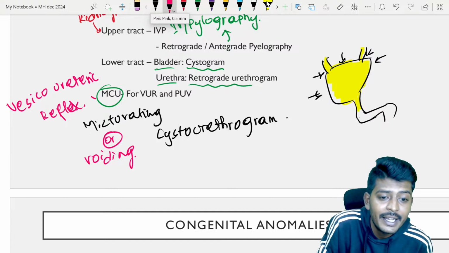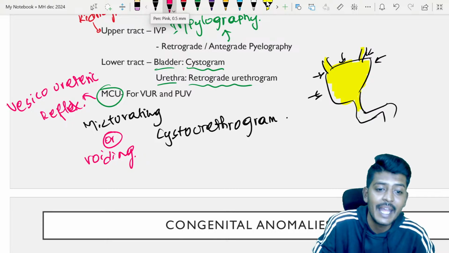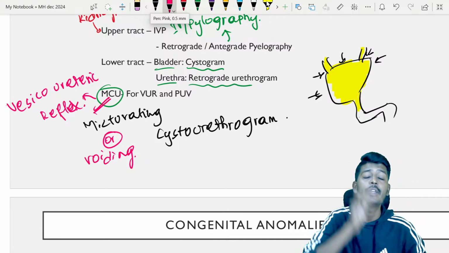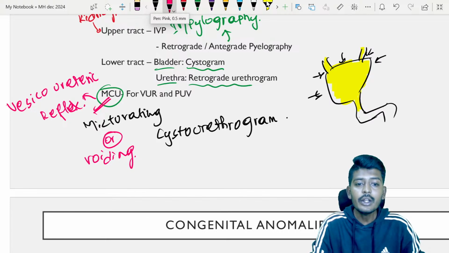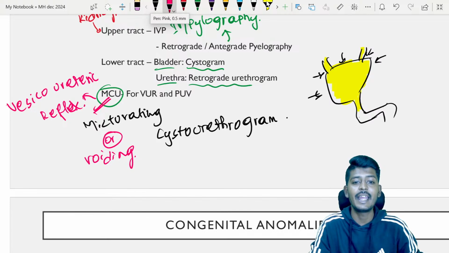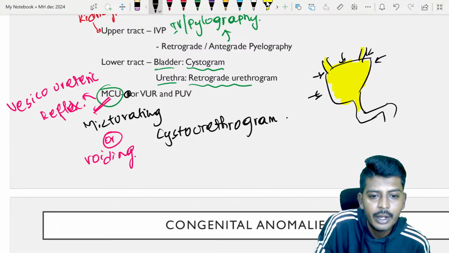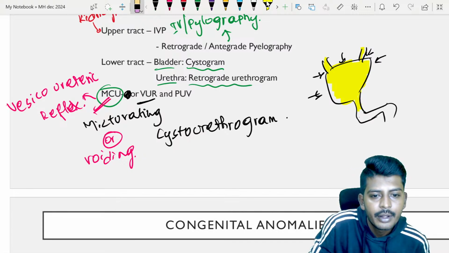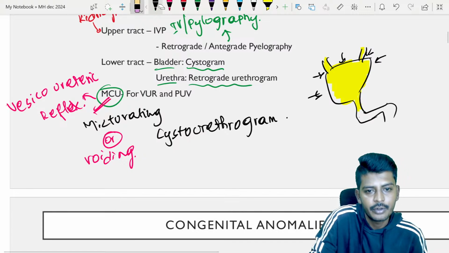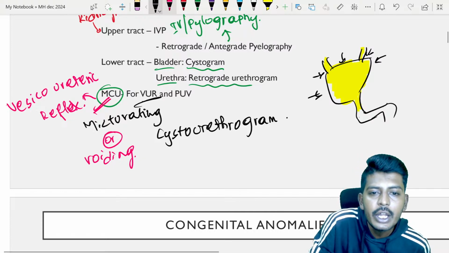So for suspected cases of vesico-ureteric reflux, the investigation of choice is the MCU, micturating cystourethrogram. Please understand, MCU is used for vesico-ureteric reflux, and also for posterior urethral valves.